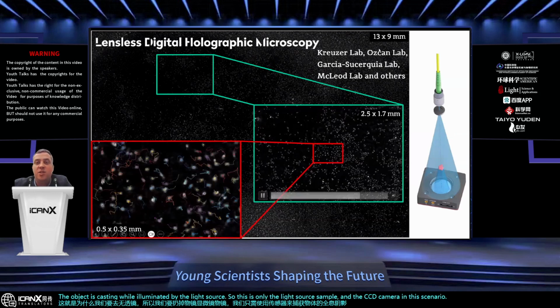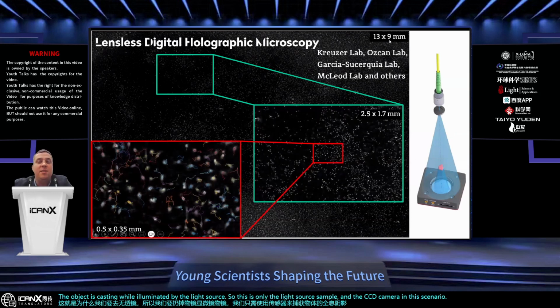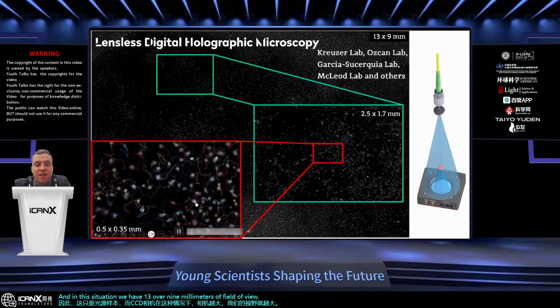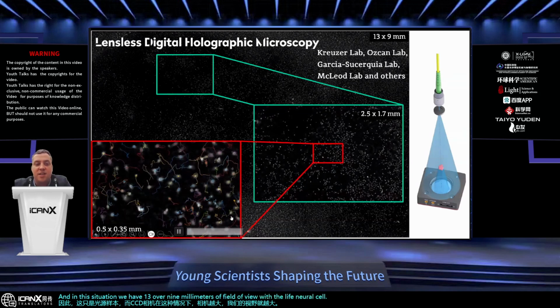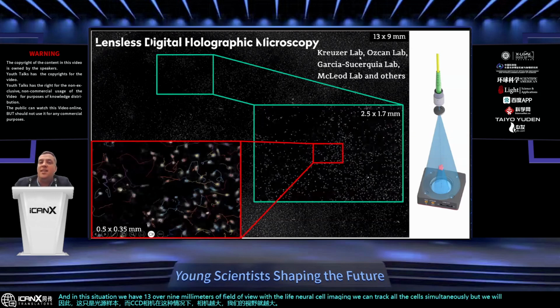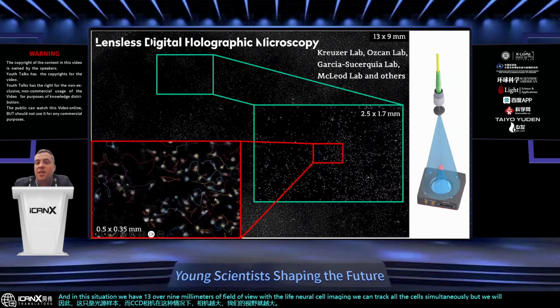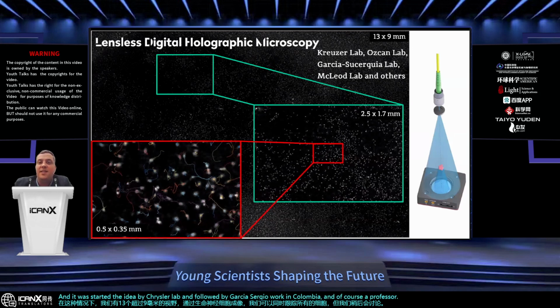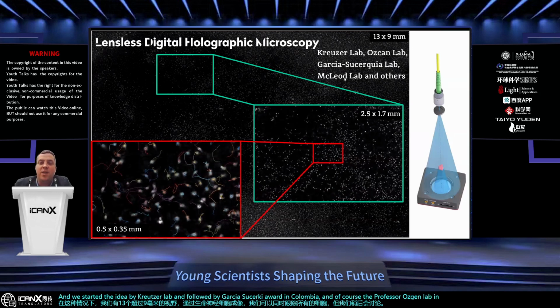In this situation, we have 13.9 millimeters of field of view with live neural cell imaging, and we can track all the cells simultaneously, but we will get into that later on. The idea was started by Kreuzer lab, followed by Garcia Sucerquia's work in Colombia, and of course Professor Ozcan's lab at UCLA, and his postdoc Ewan McLeod, and many others.